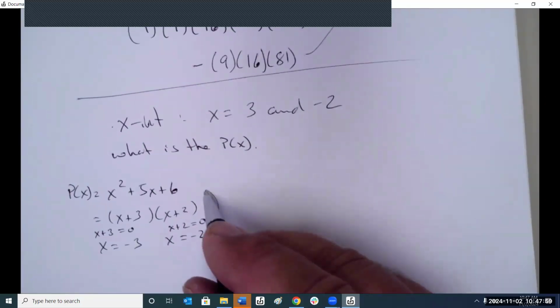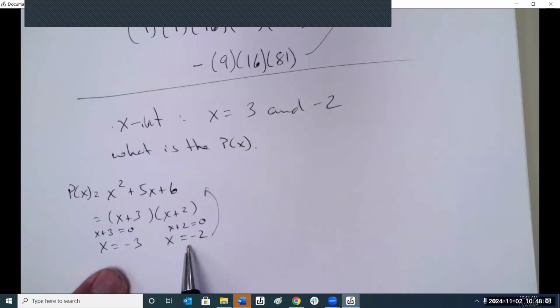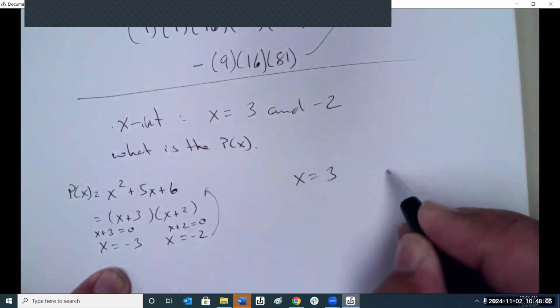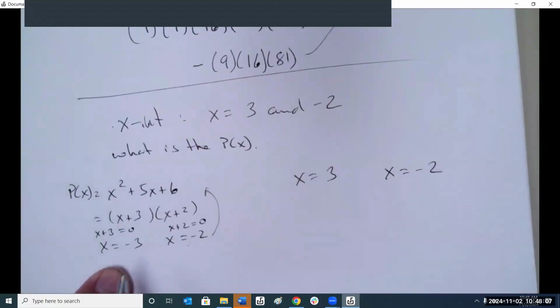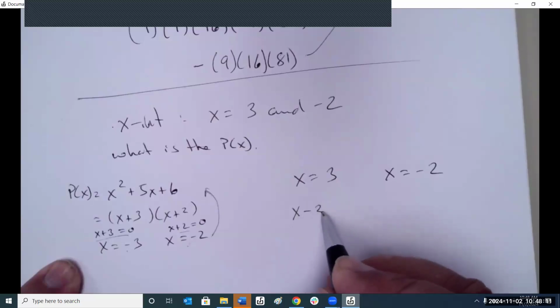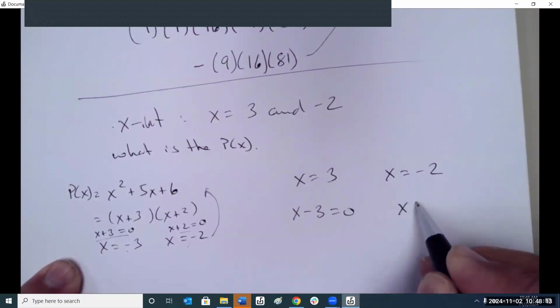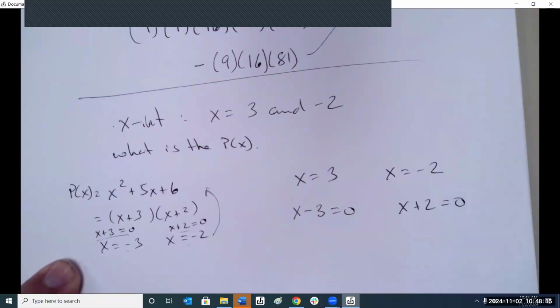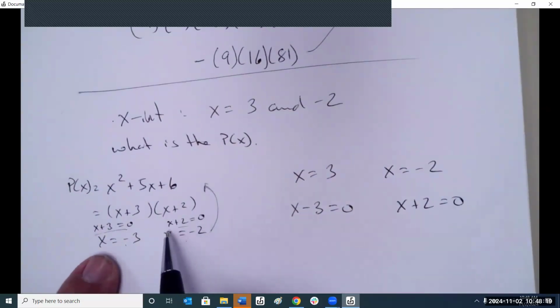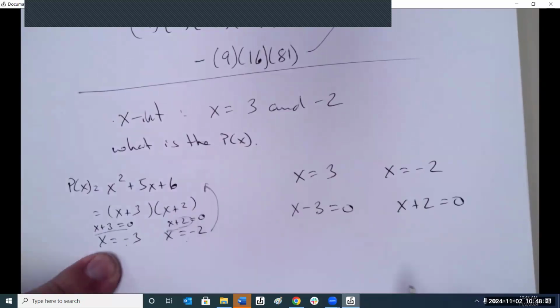We're going to work backwards now. If I give you the answers, I say x equals 3, x equals negative 2, set them equal to 0 first. Then take both of these and multiply them together.